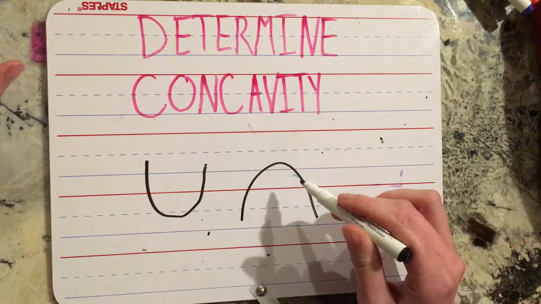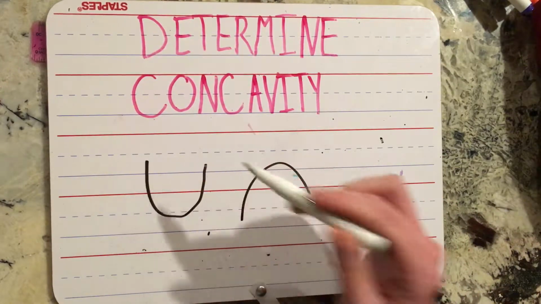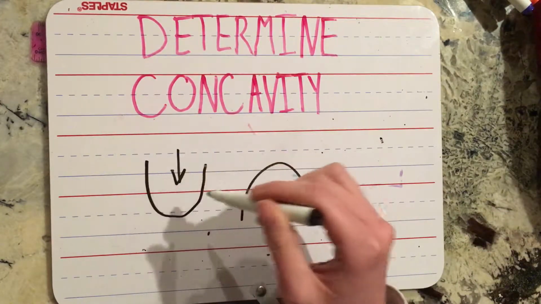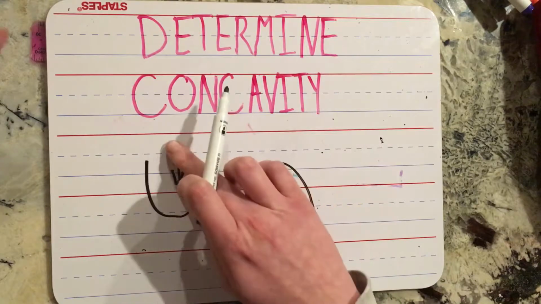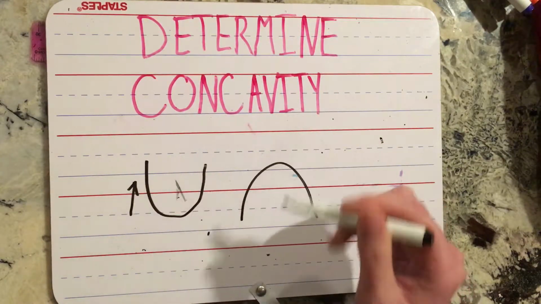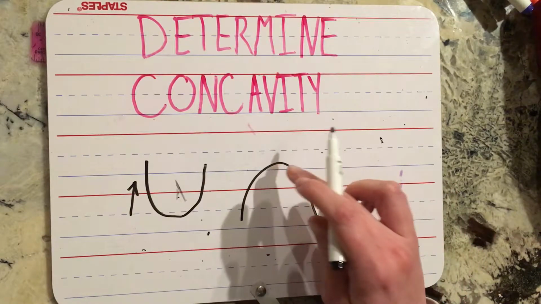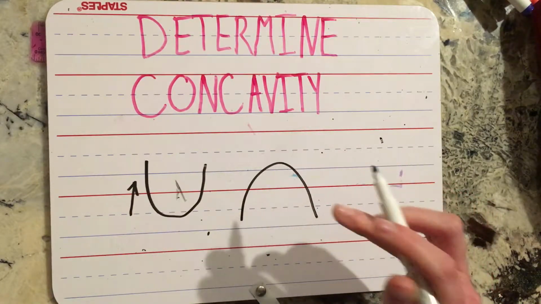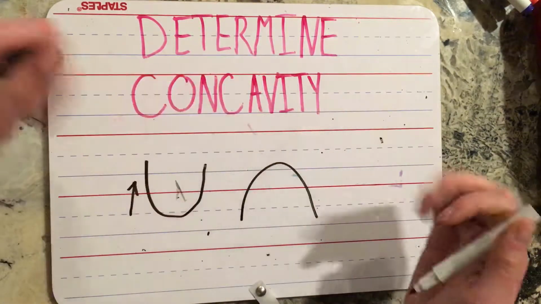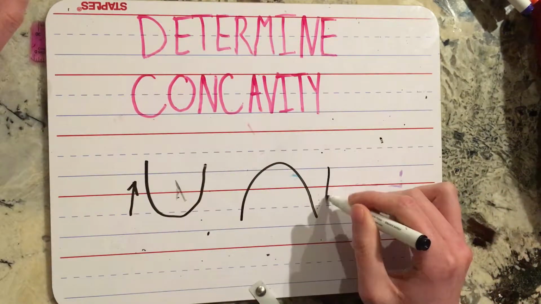So what you typically think of as concave going inwards is concave up, because these two ends are facing up. When something protrudes out, which you would consider convex, that's concave down.